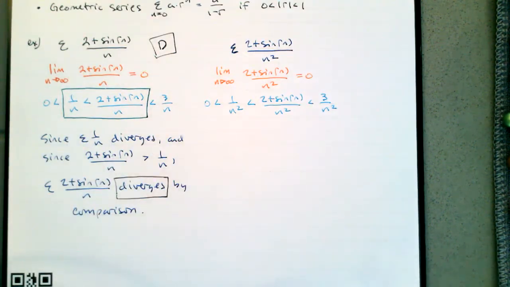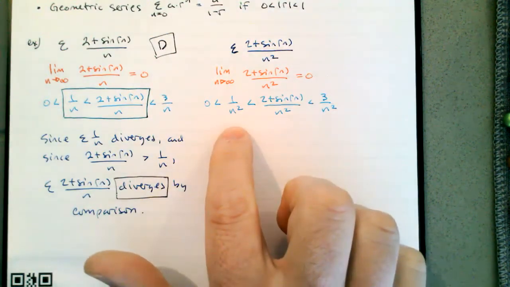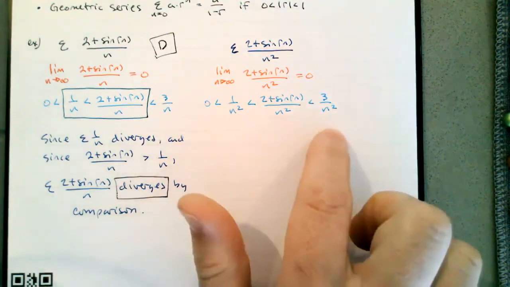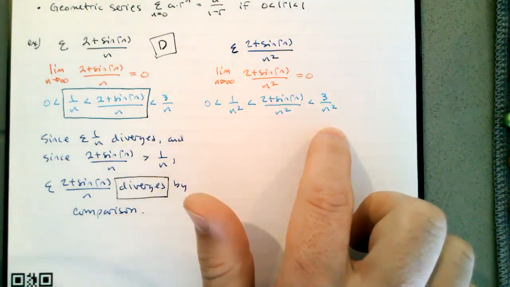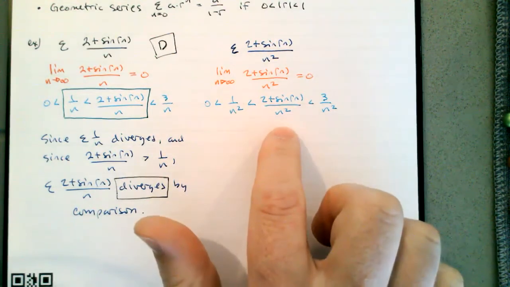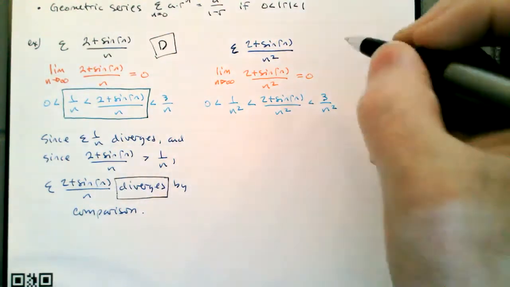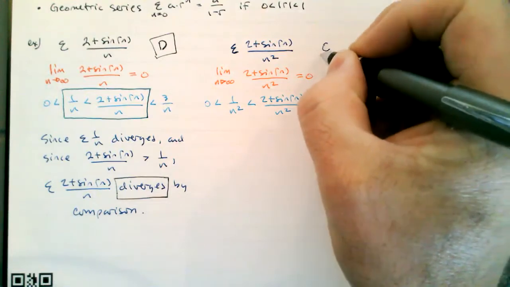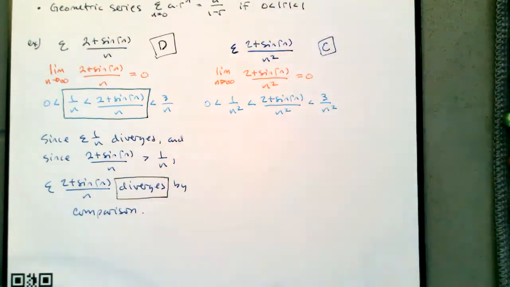For this series, we know that 1 over n squared converges, and 3 over n squared also converges. And so we should suspect that this series converges. That should be our suspicion.